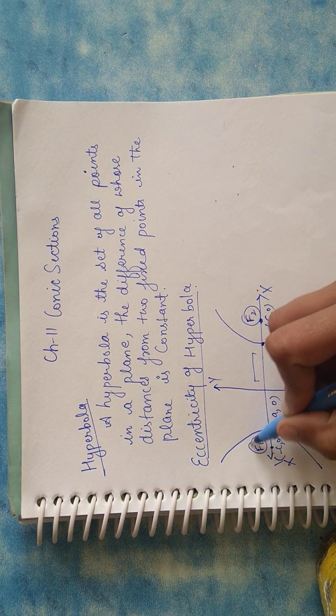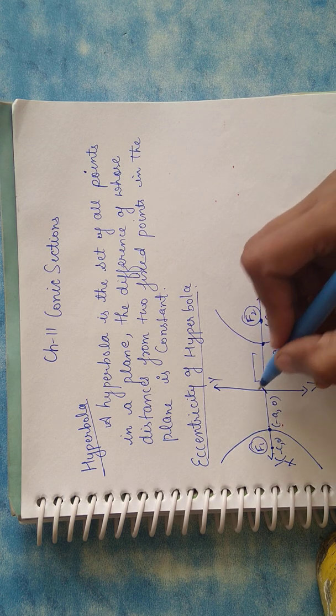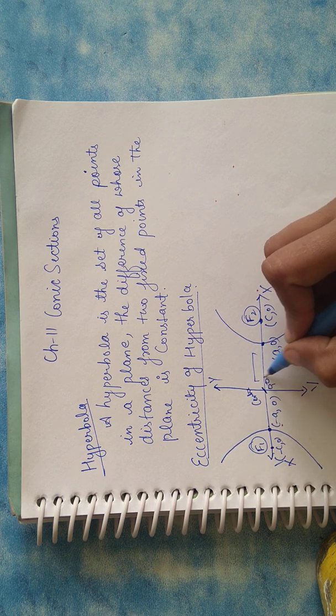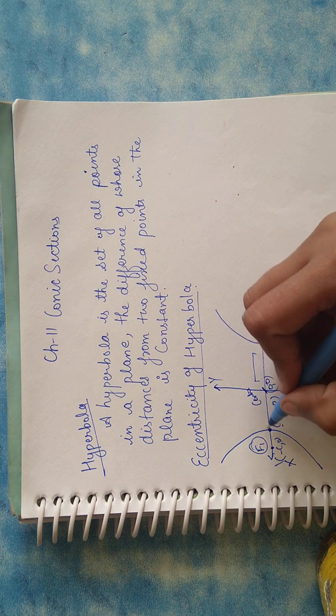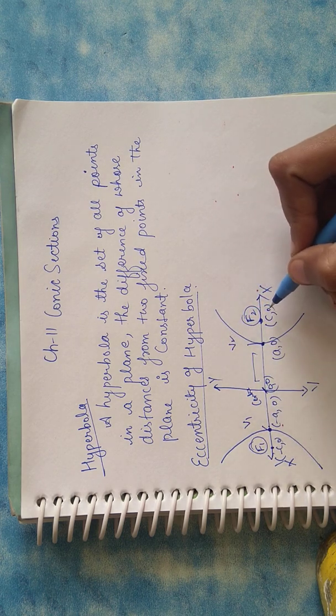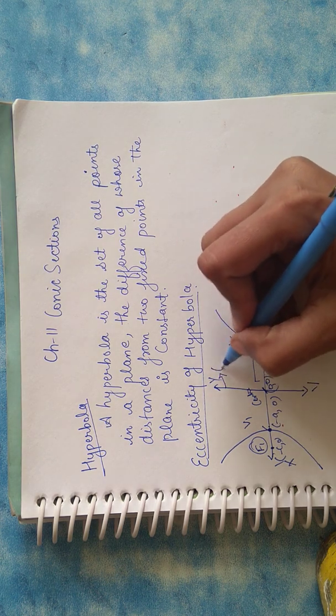This is your F1, focus 1. This one is your center, 0, 0. This is your V1, vertex 1. This is your V2, vertex 2.